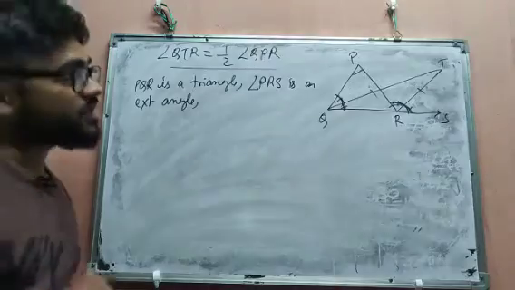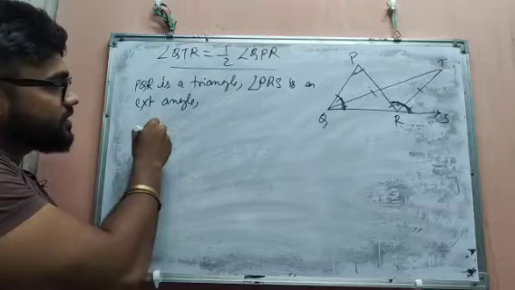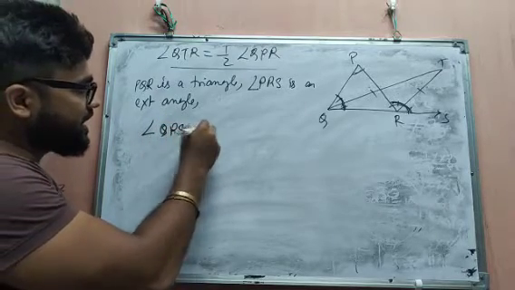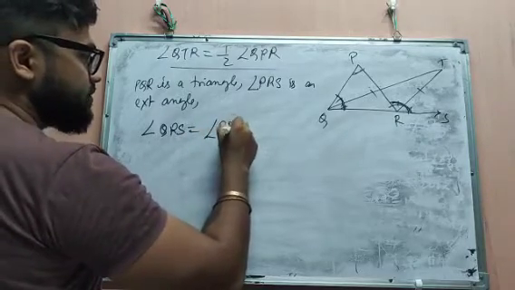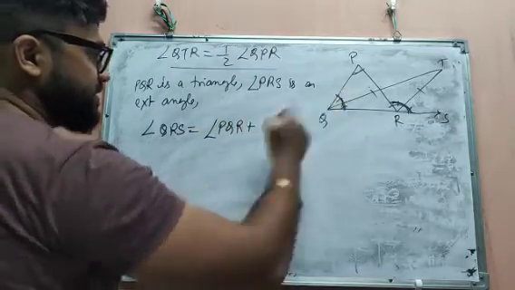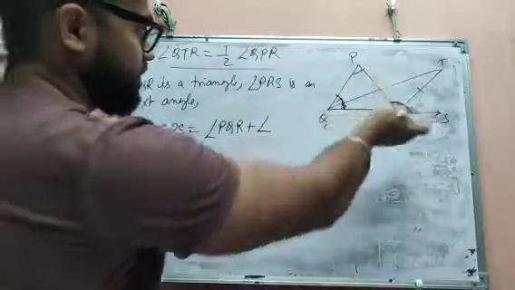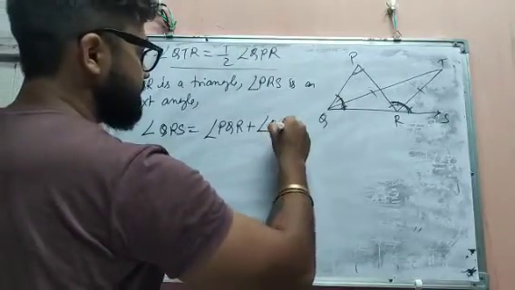By the theorem, angle PRS equals angle PQR plus angle QPR.